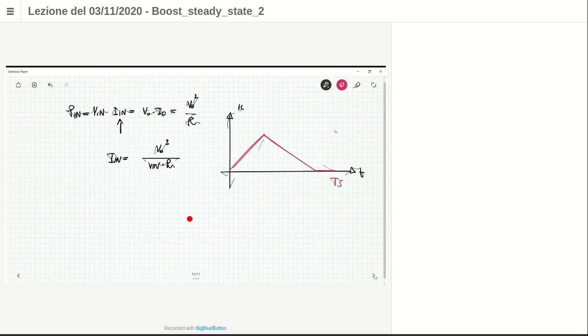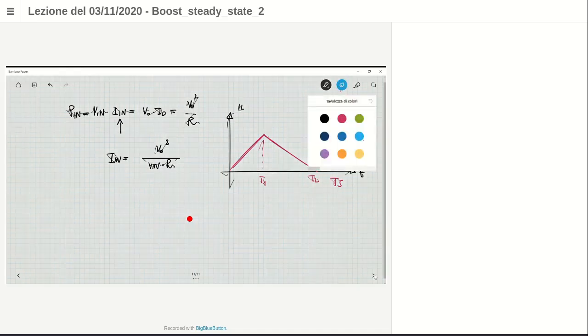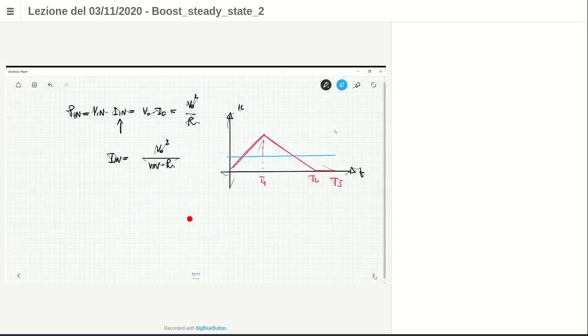So it is Ts here, T1, and then T2. The average value is something that is, say, here, and this is the input current. The average value can be computed easily by taking just the area of this triangle and averaging it over Ts.